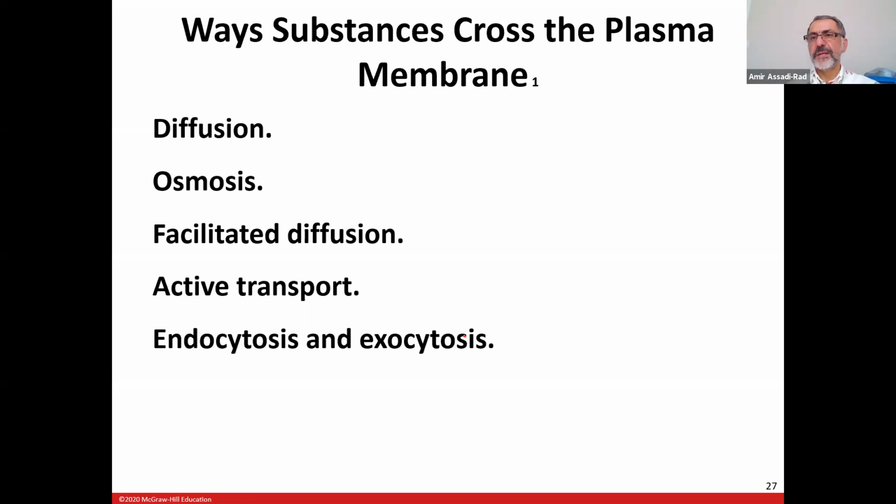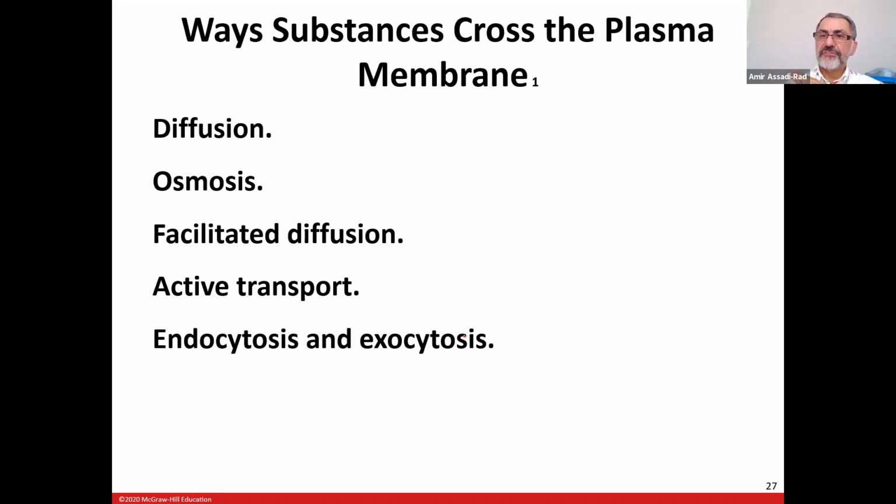Osmosis is movement of water molecules from high concentration to low concentration through a selective membrane, okay, through a selective membrane. What I mean by selective membrane is that the membrane almost has a brain. It can choose what goes in and what goes out.